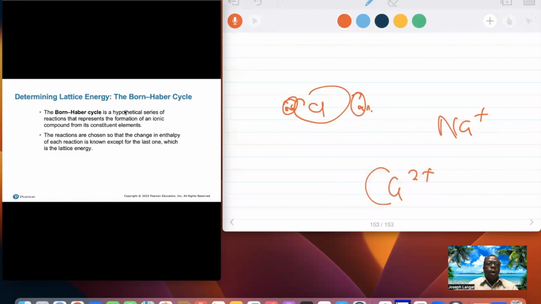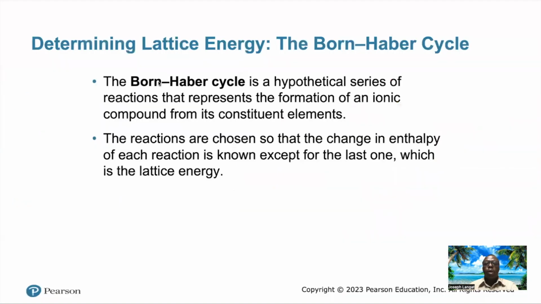As I said, the Born-Haber cycle approach is the same as Hess's law of heat summation. It's just a hypothetical series of reactions that represent the formation of an ionic compound. We'll be looking at an example of how the Born-Haber cycle is used to calculate the lattice energy.